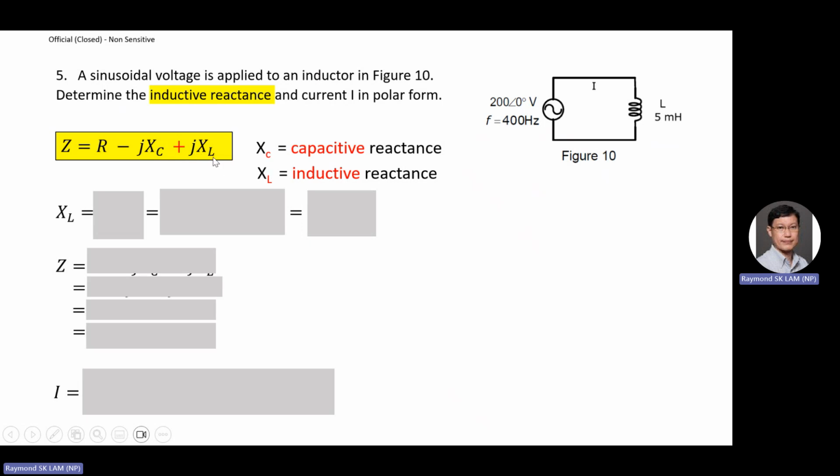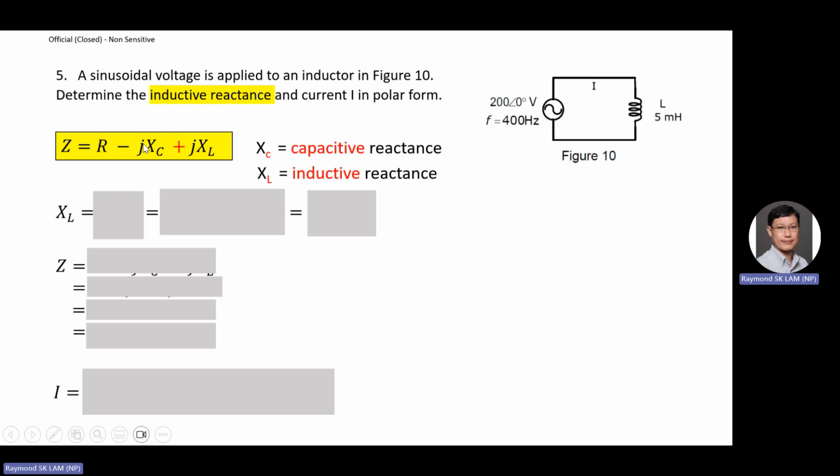So as usual, L here normally refers to inductor. So XL is actually inductive reactance. And take note of the difference here. For capacitor, it's always minus J. For inductor, it's always plus J. Okay, this is a rule. Every time you see inductor plus J, every time you see capacitor minus J.